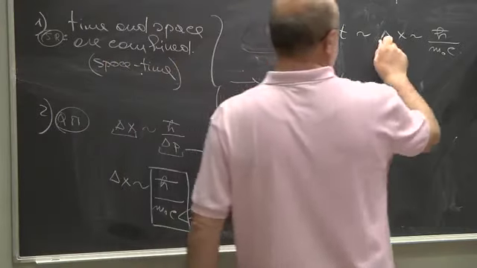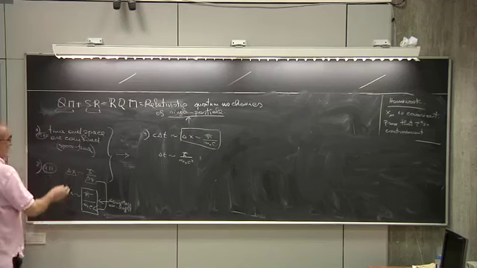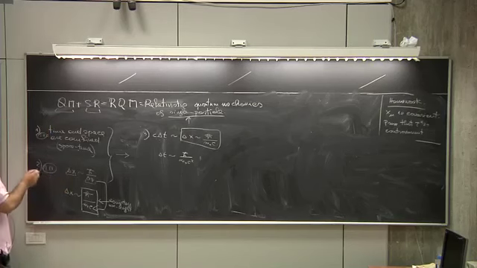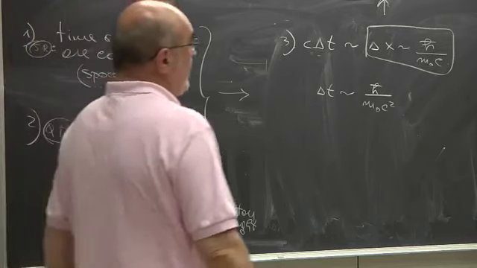Then if there is a minimum uncertainty in X, that means you cannot probe a particle at a distance less than this one.